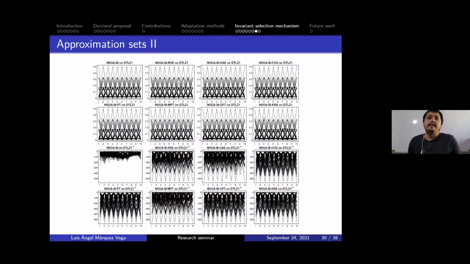Similar results can be seen on problems with 10 objectives. Also, it can be seen here that NSGA-III is not capable of fully covering the whole Pareto front of the minus version of the DTLZ1 problem with 10 objectives. However, with our proposed selection mechanism, it is possible to improve the coverage of the approximation sets.